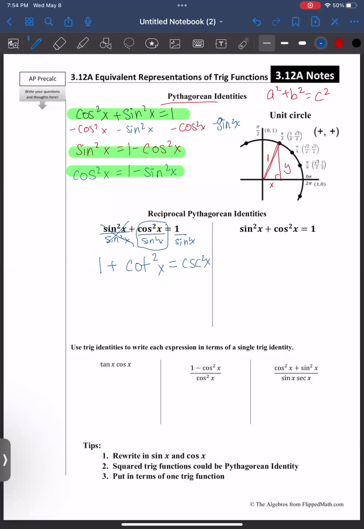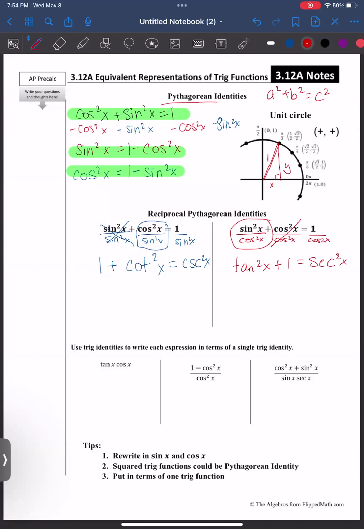Okay, now let's say we do the same thing on the other side, and I'm going to divide by cosine squared. Well, that one's gone. This is the regular tangent. So tangent squared of x plus 1 equals the secant squared of x.